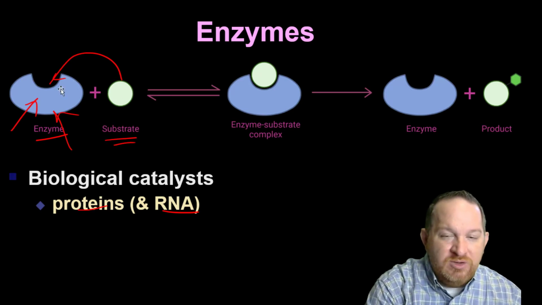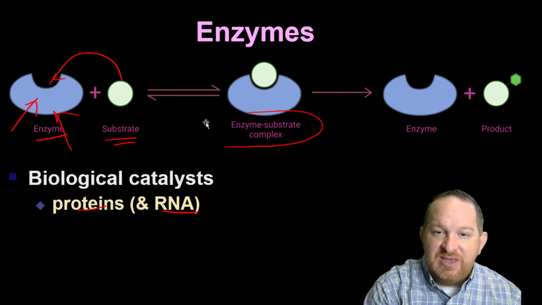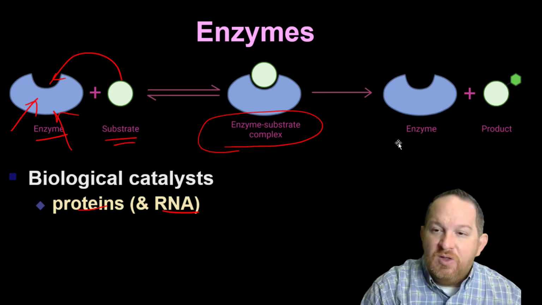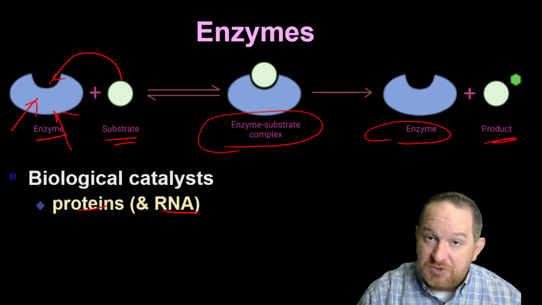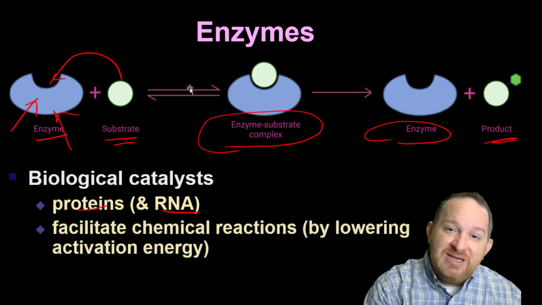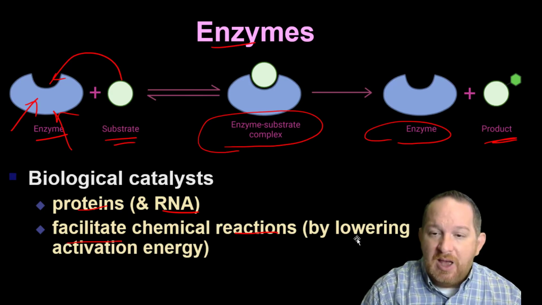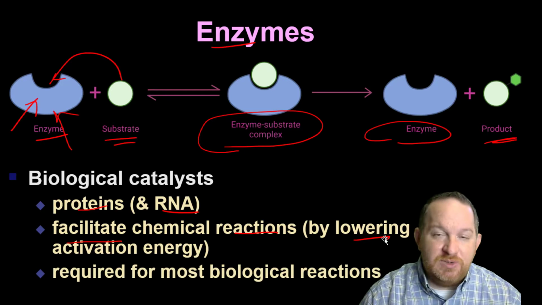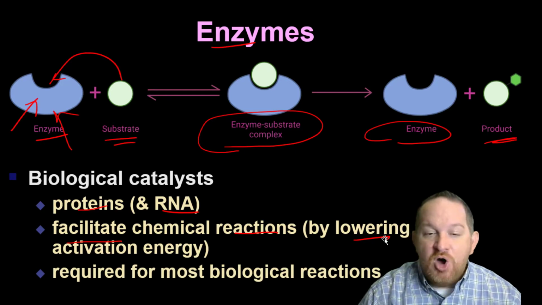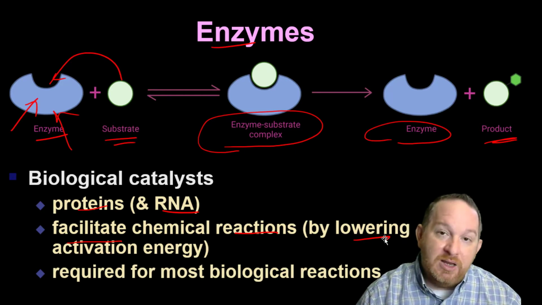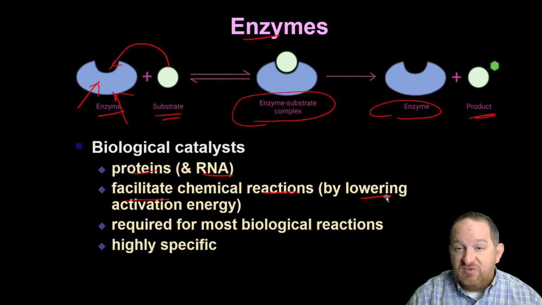After it's bound to the enzyme, we call that the enzyme substrate complex, and the reaction occurs. The enzyme, notice, is not degraded, but our product has changed. So these enzymes essentially are facilitating the reactions in the body by lowering that activation energy. And what you'll find is that most of our reactions in the body will require some sort of enzyme.